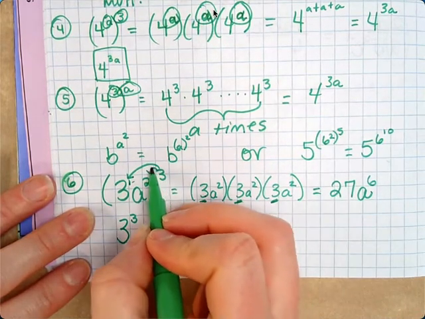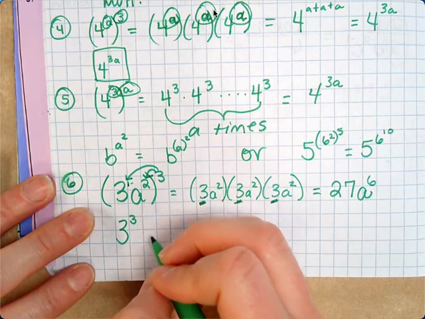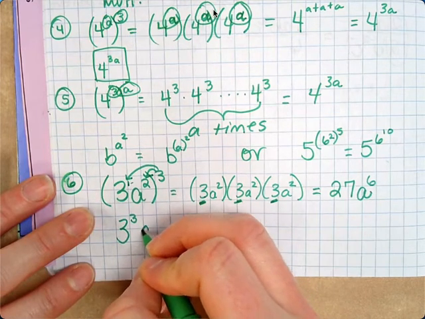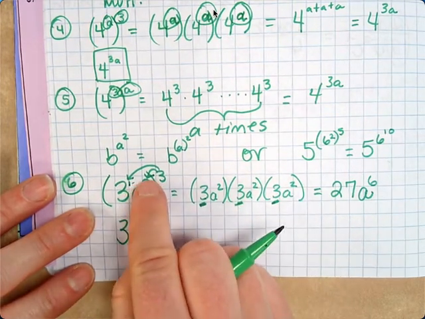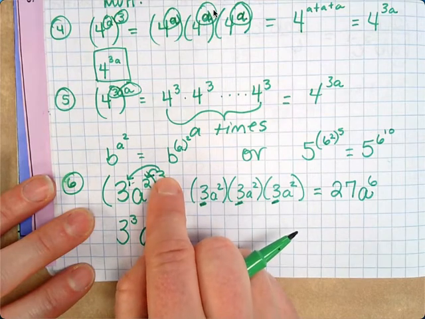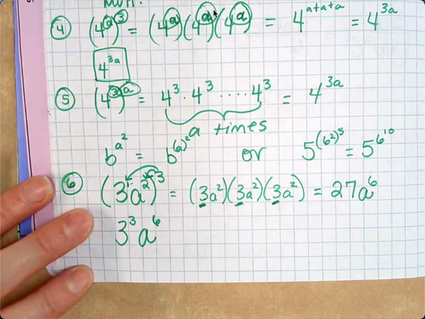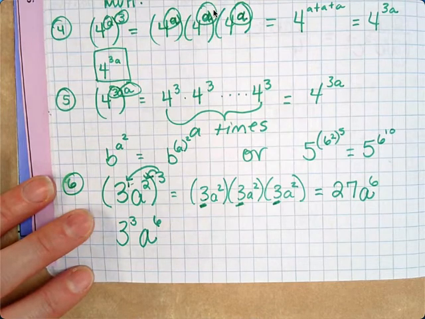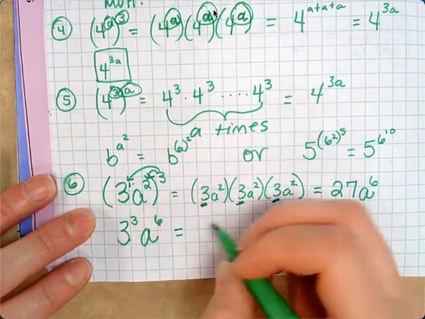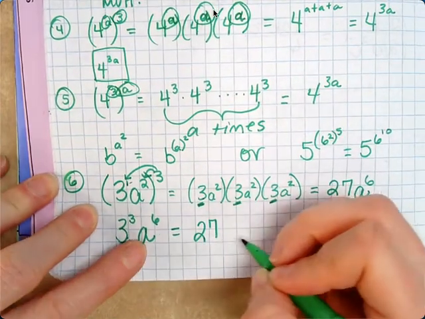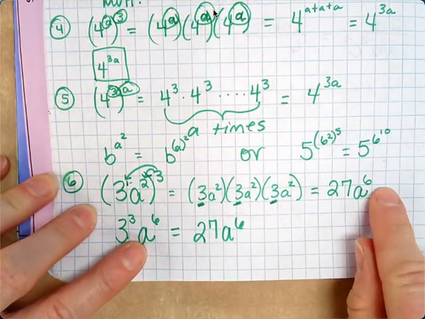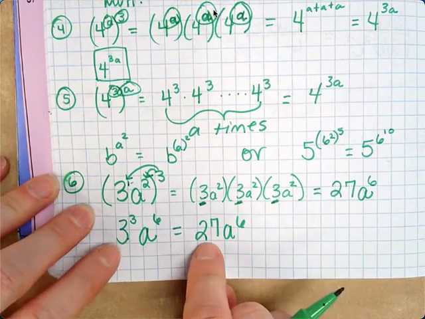And then a to the 2nd power times 3 would be to the 6th power. So you just have to make sure that you take that exponent to every term inside of that parentheses. Don't skip the constant. So, of course, 3 to the 3rd is 27, and then a to the 6th. Same answer, just one we expanded out, the other one we used the rule.